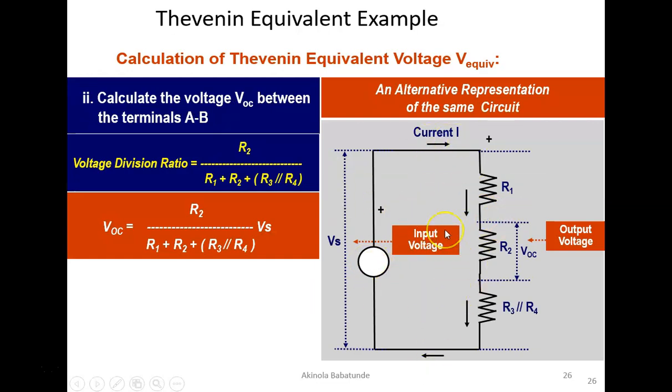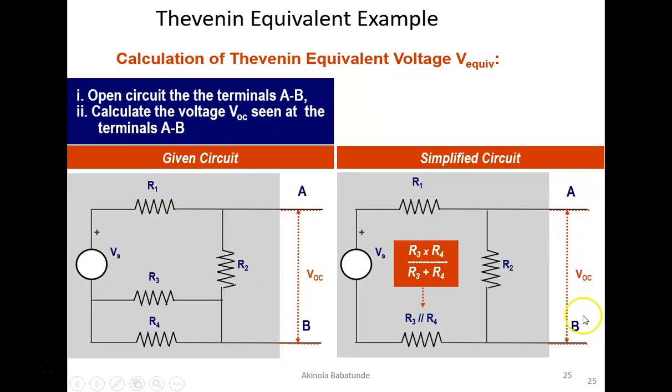All right, now we need to calculate VOC between terminals A and B. This is going to be easy to calculate because we can see R2 will see VOC. R2 will see the voltage VOC.